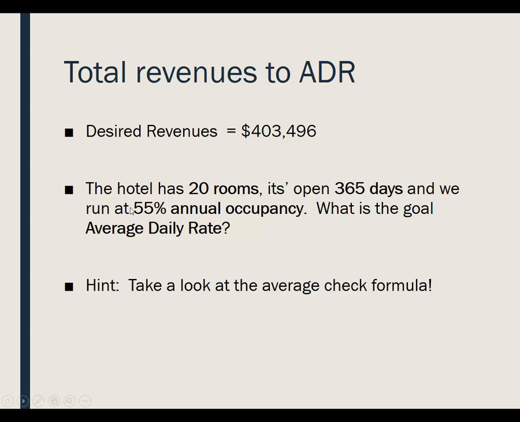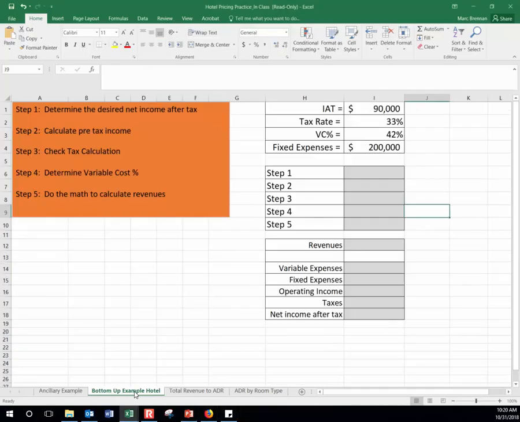Okay. So let's go through a couple of examples in Excel. It's the same approach for this part as we would have gone through for the restaurants. So step one, what's our goal? Our desired net income after tax, it's right there, so our 90,000. Step two is calculate pre-tax income.